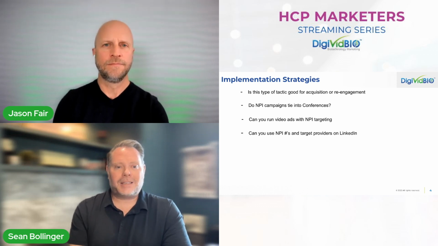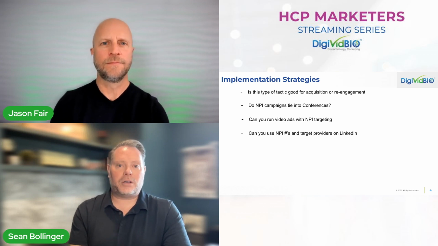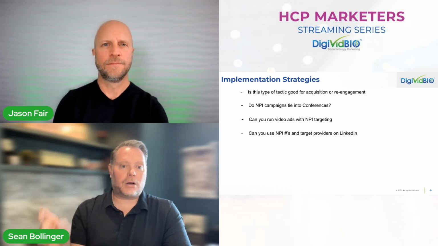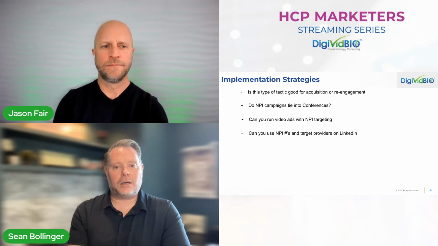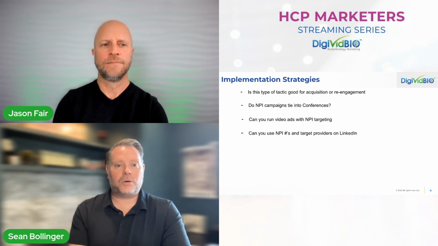So those are the basic ways within LinkedIn. The other way is you can upload curated audiences that are either current customers or targets that you want to reach. So that's how we're utilizing the LinkedIn technology, through our data providers with that NPI list. We're able to use that to upload into LinkedIn for targeting. So that's basically how the technology works.